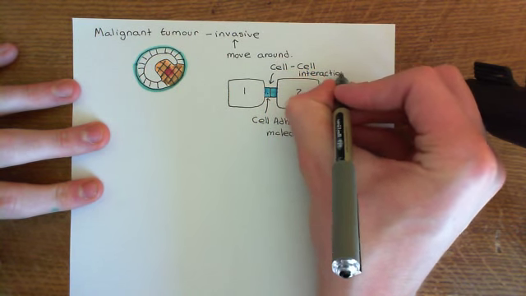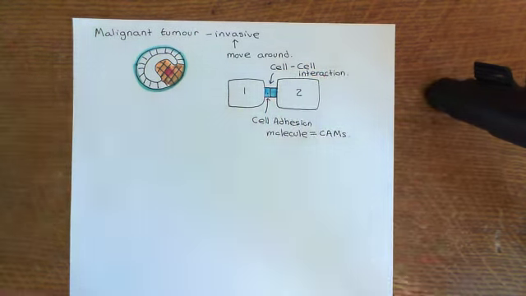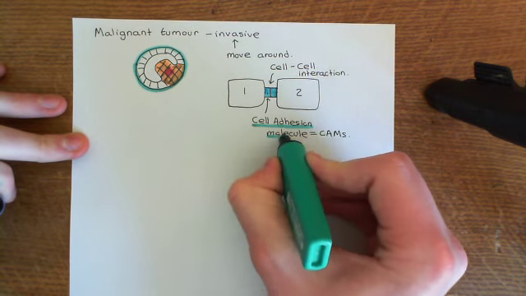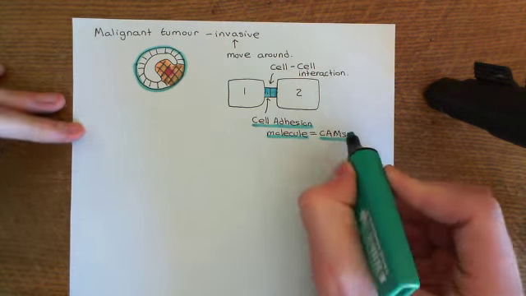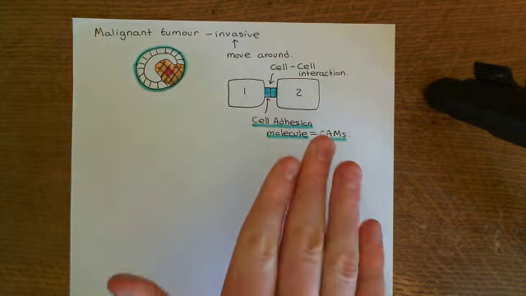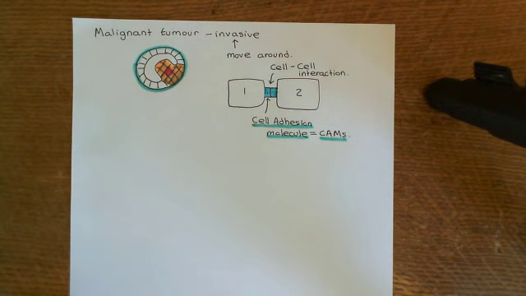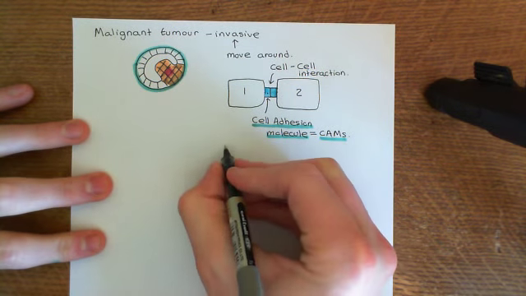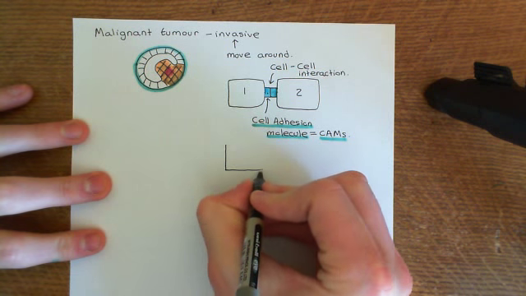I want to stress there are a huge number of different cell adhesion molecules. There is not just one. There are a huge number of different molecules which are capable of binding two cells together in this way. Now, cell adhesion molecules also do other things.